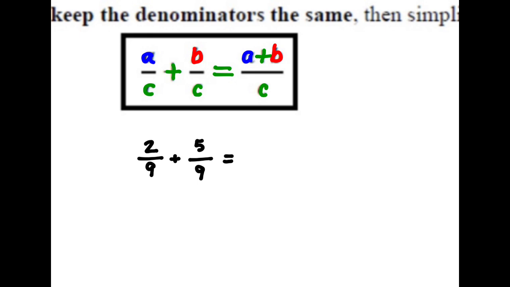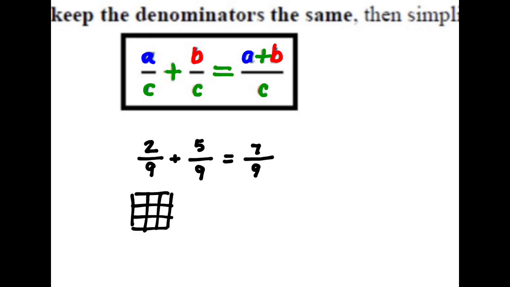Okay, for example, the 9s have to be the same in order to add them up. And they are, so the answer is going to stay over 9. And then you just add the 2 and the 5 for a total of 7. And you're done. That's it. Because you're only adding pieces of a rectangle together.